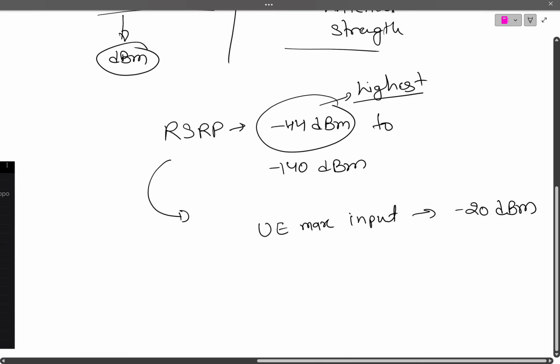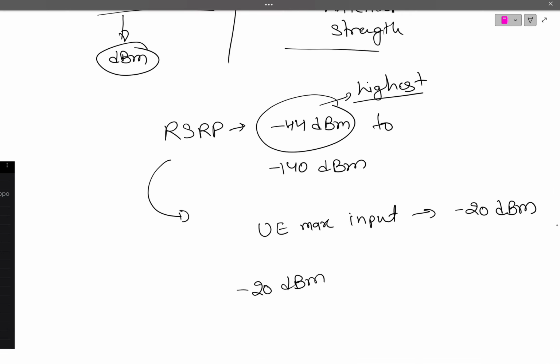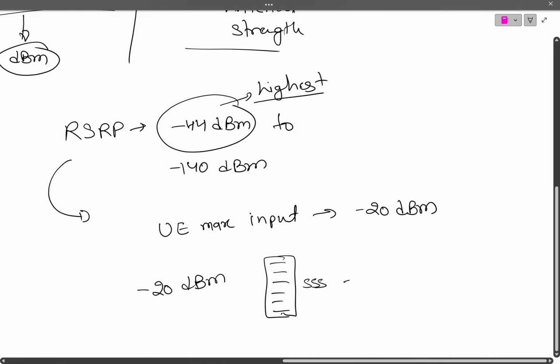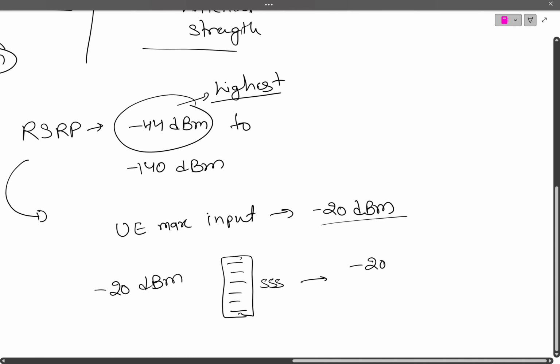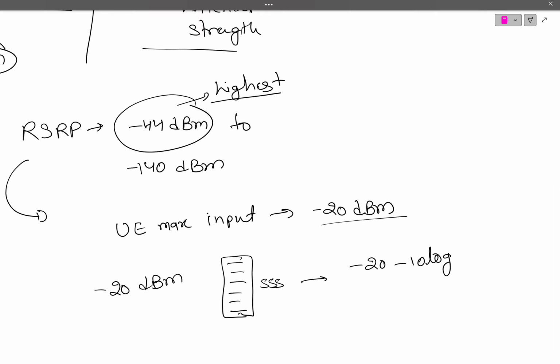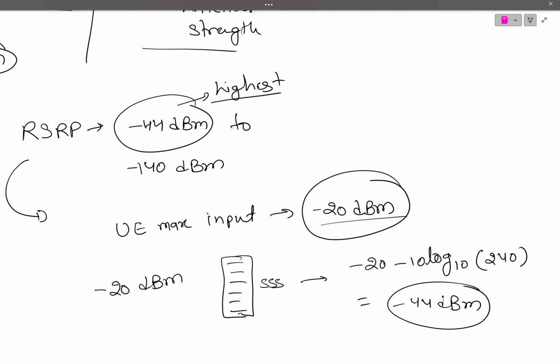So even if the UE receives -20 dBm only on SSS, or let's say SSB, then the RSRP will correspond to -20 dBm minus 10 log 10 of 240 subcarriers, so it becomes -44 dBm. This is the highest power you are expected to receive, and this corresponds to the highest RSRP.